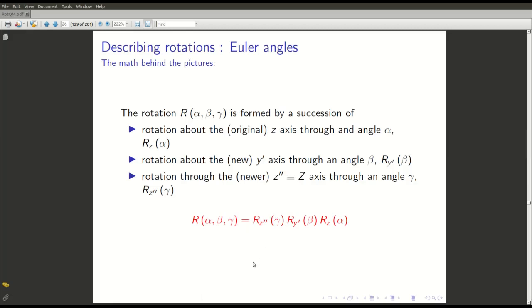Now all this is fine, but there is only one catch here. Here the three rotations are about three different axes, and these axes are not, apart from the very first one, the original coordinate axes.